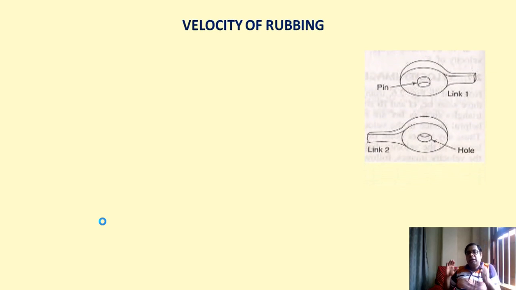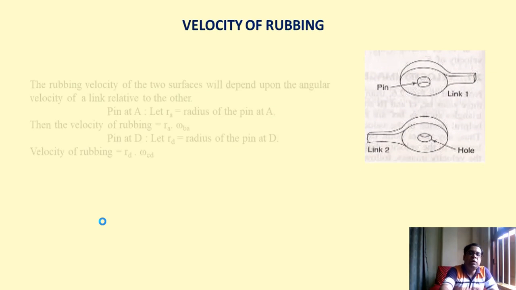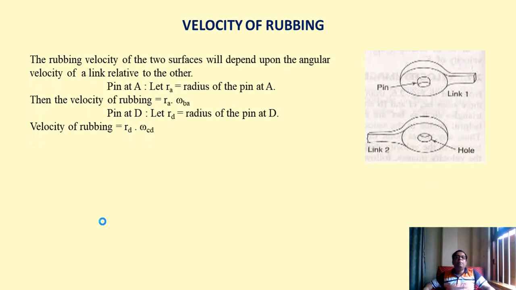Now the next part, which is also very important, is called velocity of rubbing or rubbing velocity. The rubbing velocity of the two surfaces will depend upon the angular velocity of one link relative to the other.